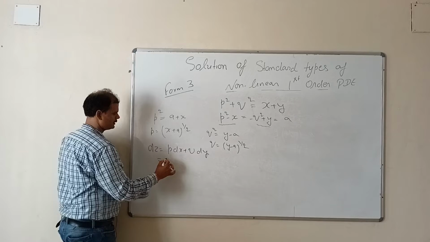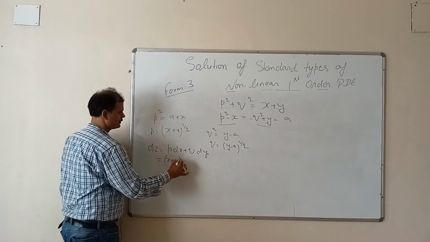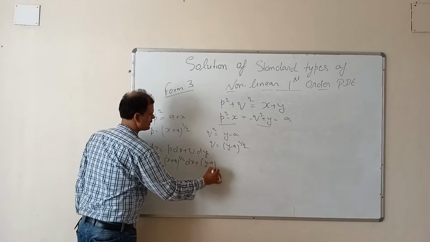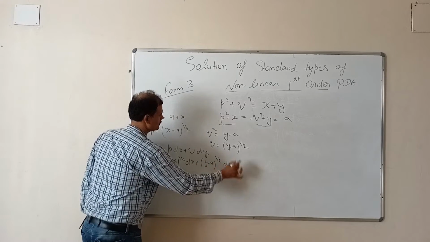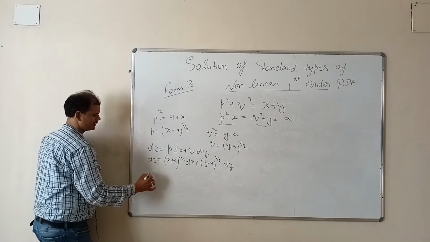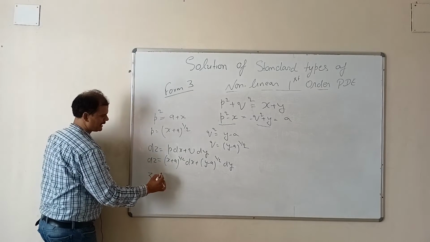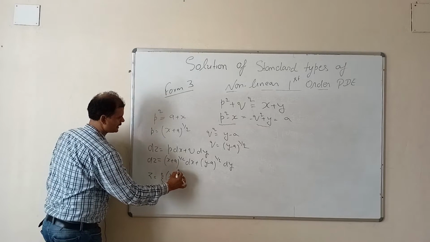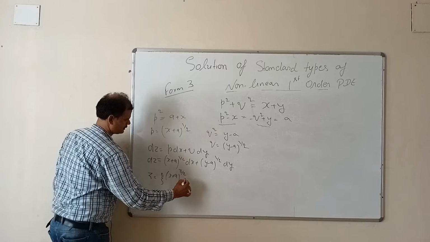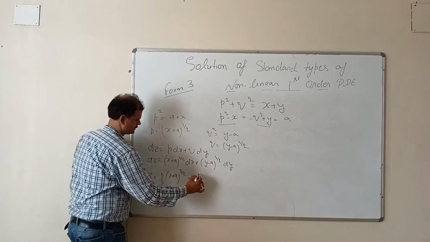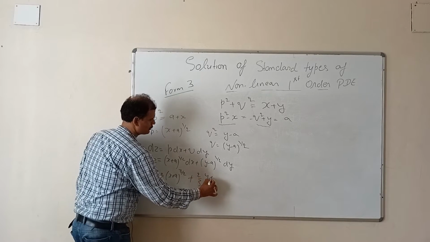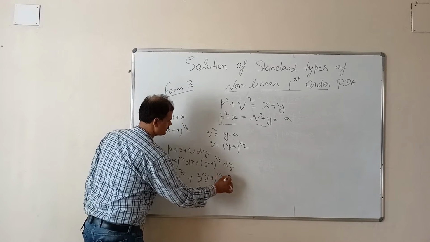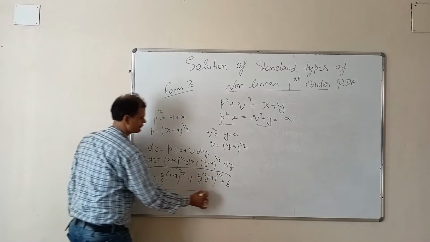So dz equal to (x plus a) power 1 by 2 dx plus (y minus a) power 1 by 2 dy. Now you can integrate. So z equal to 2 by 3 (x plus a) power 3 by 2 plus 2 by 3 (y minus a) power 3 by 2 plus b. So this is your answer.